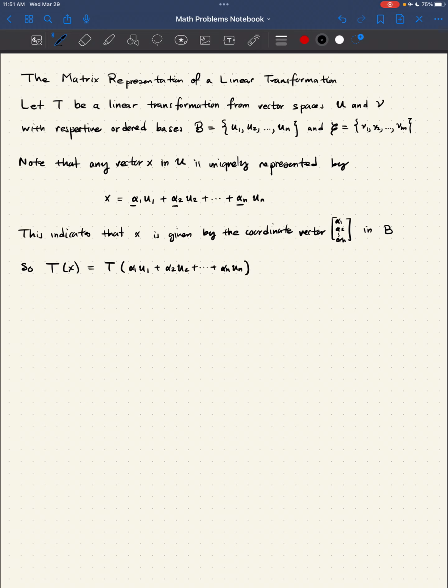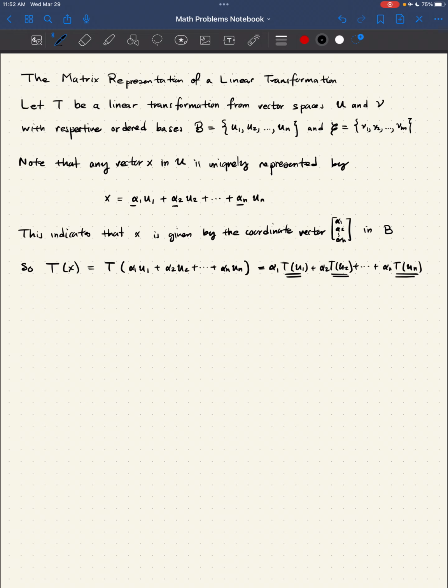But recall that T is a linear transformation, so it preserves addition of vectors and scalar multiplication, so we may write it as alpha 1 T of u1 plus alpha 2 T of u2 plus, continuing in this fashion, alpha n T of un. This is not a surprise: a linear transformation is completely determined by its action on a basis. So we're going to look at what happens with these particular vectors.